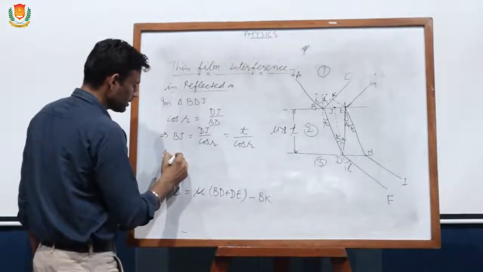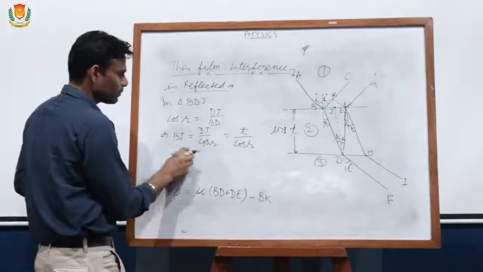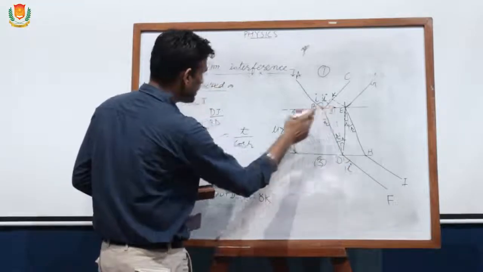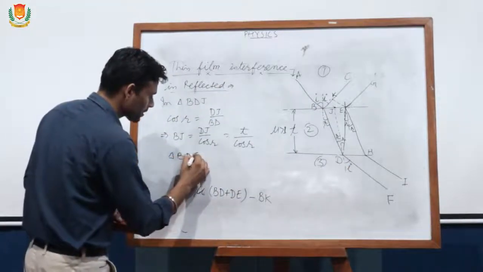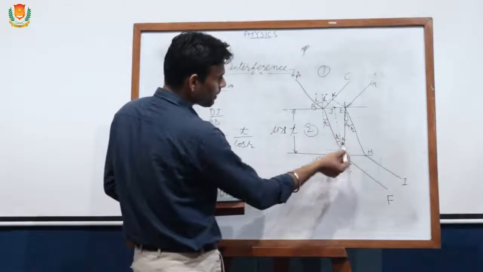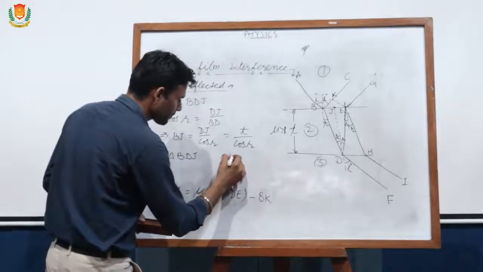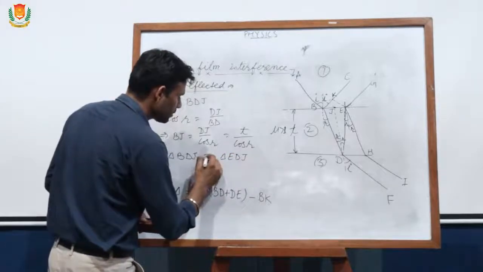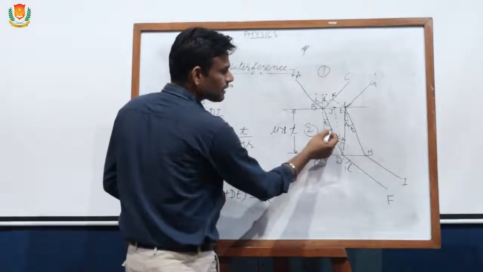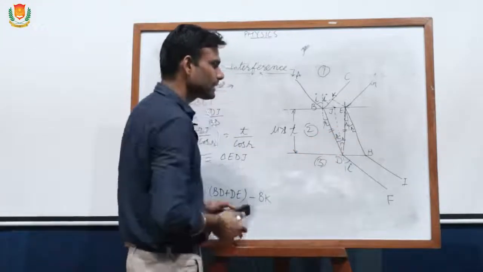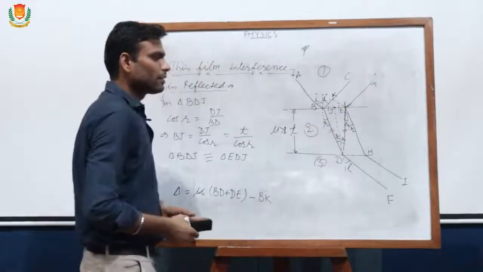You can say that both of these triangles, BDJ and EDJ, are congruent. So this line will be equal to this line, and this line will be equal to this line.